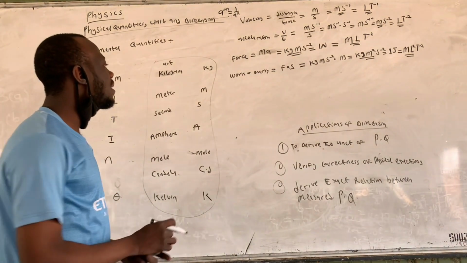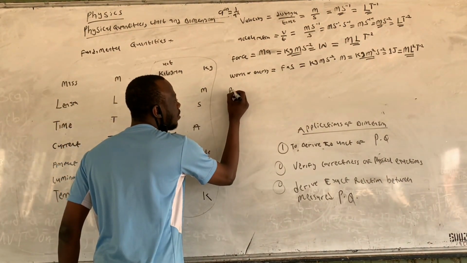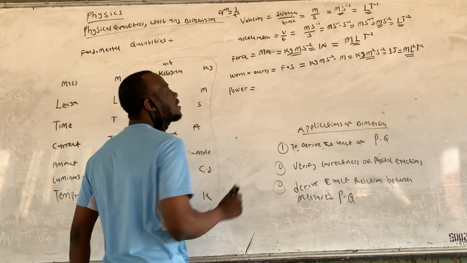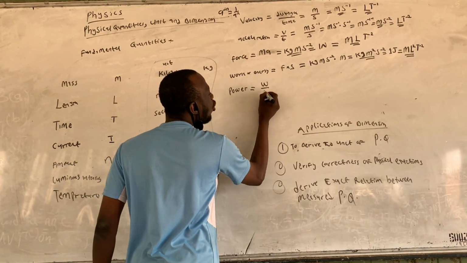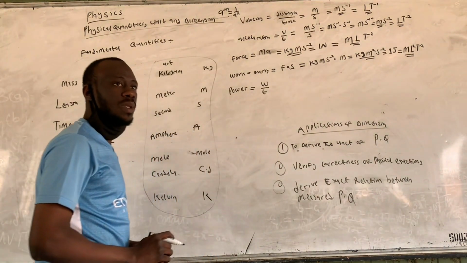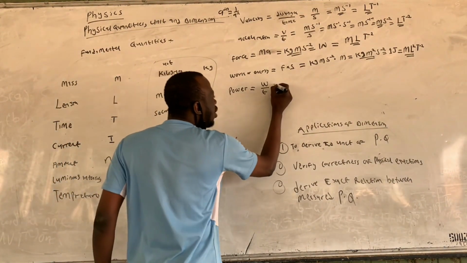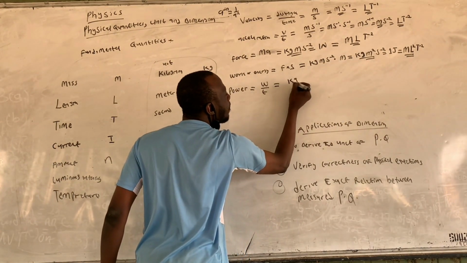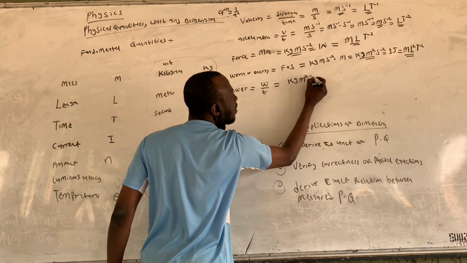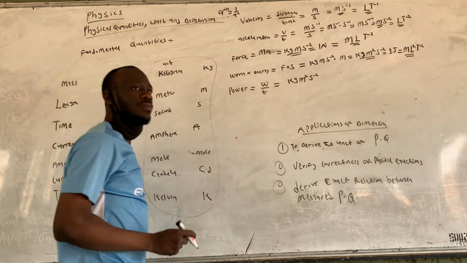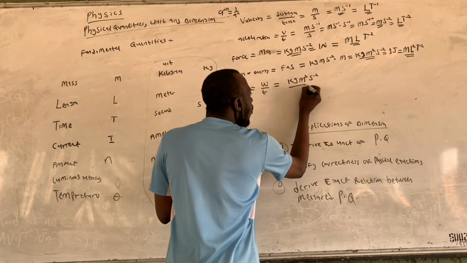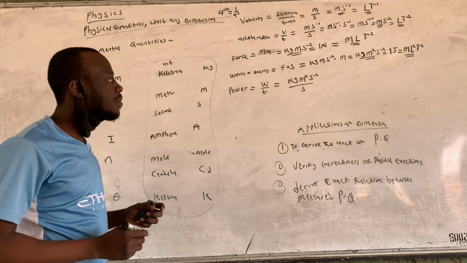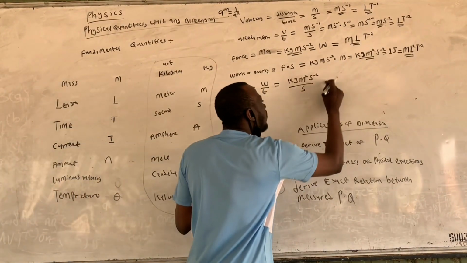Then the next one is power. Power, we say, is work over time. So the SI of work in this case is kilogram meter squared per second squared, all over time, which is in seconds. This S can come up here.